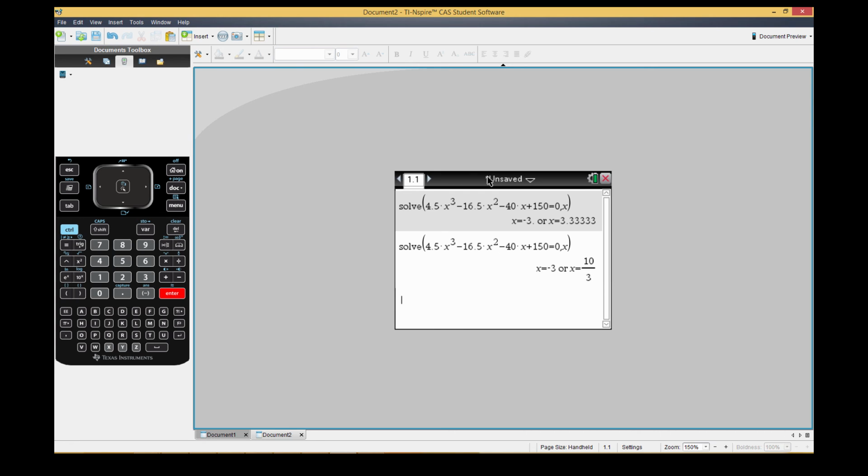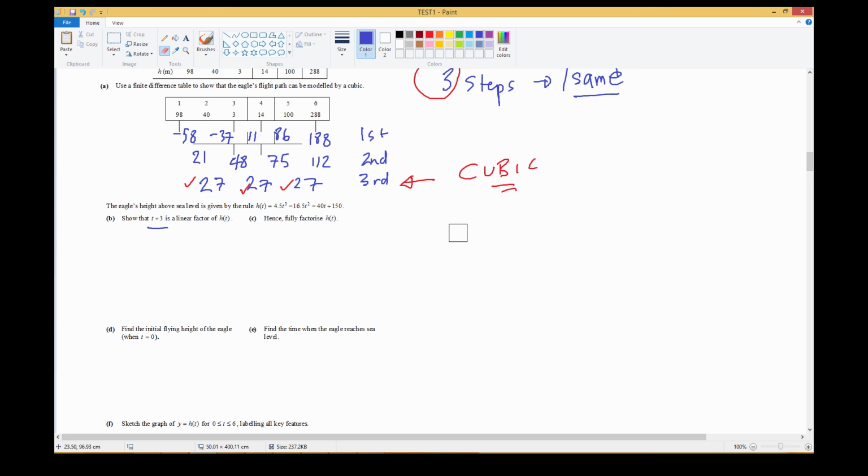That means one point must be just touching the axes. So when we fully factorize, one of our factors, we said it's not x, it's t. It doesn't really matter which letter you use.